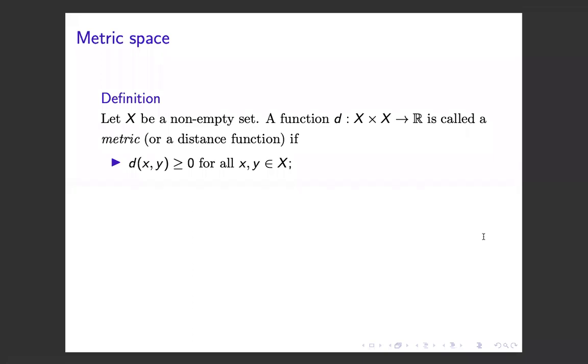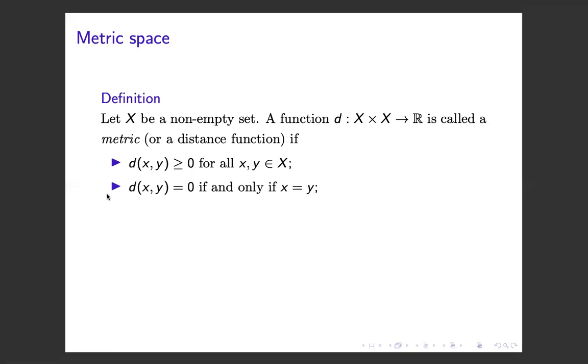The function should have two variables, so it is taken as a function from X cross X to the real line, and that function we denote by small d, and it is called a metric. By distance, we have an intuitive idea that it should always be non-negative. So the first requirement is that d(x,y) should be greater than or equal to 0 for every x and y in X.